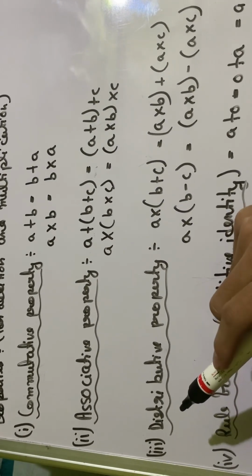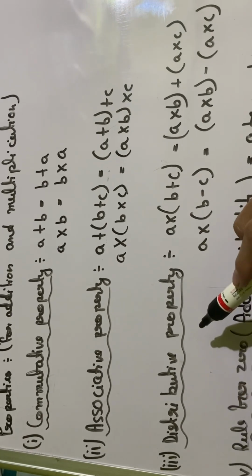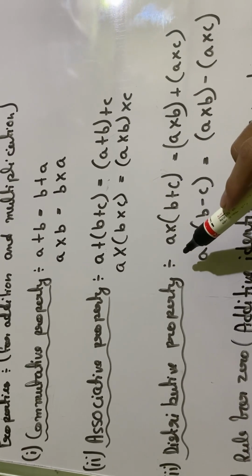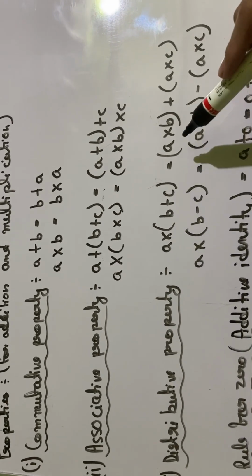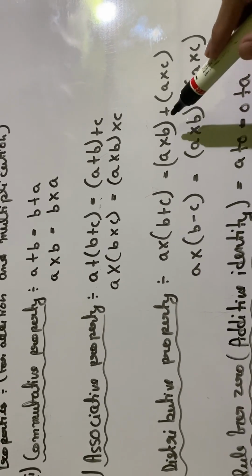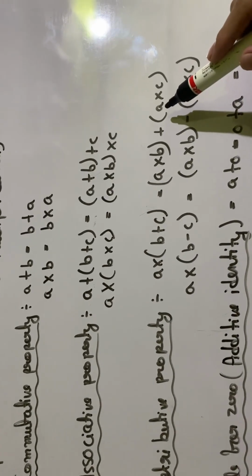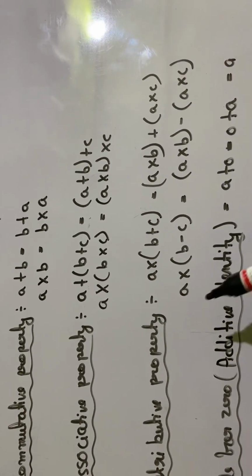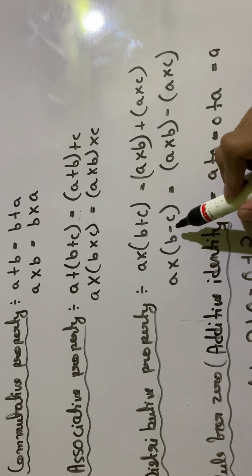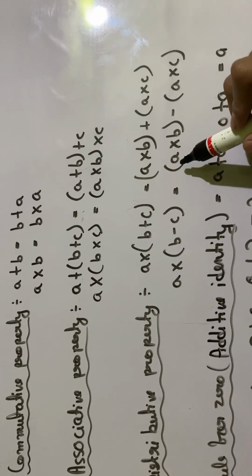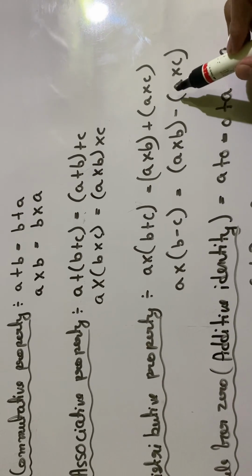Third is the distributive property, that states that a into (b plus c) equals a into b plus a into c. Also a into (b minus c) equals a into b minus a into c.